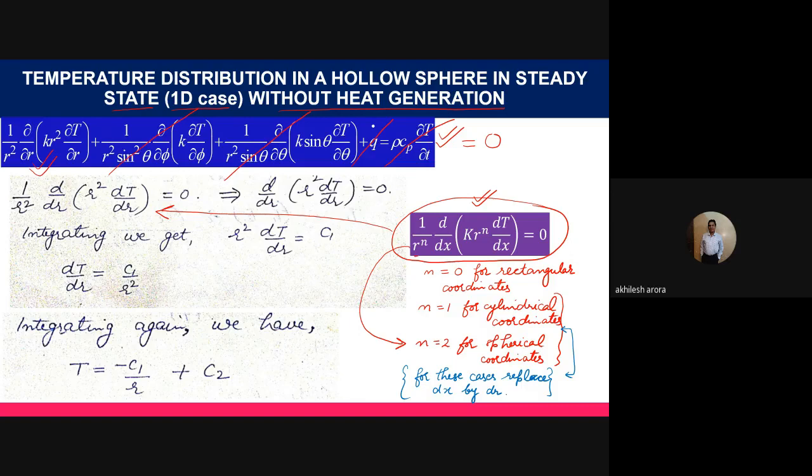So you can see it here, 1 over r raised to power 2 d by dr, because dx is to be replaced by dr. Then k is not written here because it's the one dimensional case and we can take it out, as I told you in case of cylinder also. So this can be taken out, and finally we are left with the equation d by dr of r square dt by dr is equal to 0.